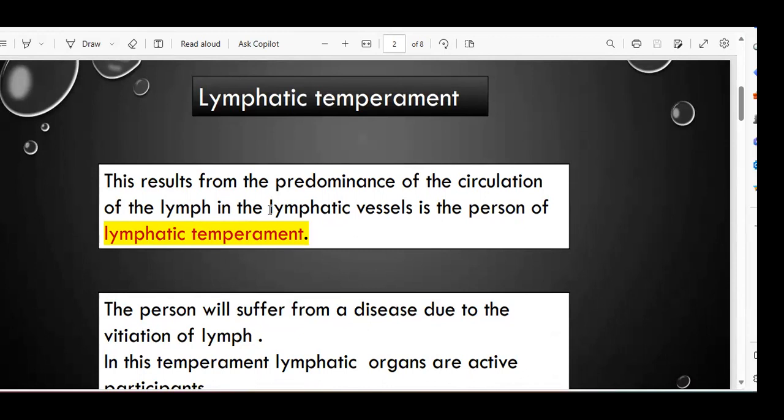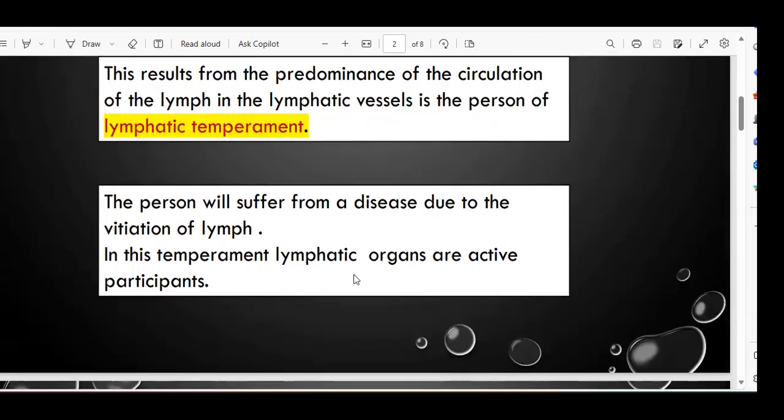It may be salivary glands, it may be the pancreas releasing insulin, it may be digestive enzymes, it may be hormones released from the endocrine glands. All will come under lymphatic temperament, lymphatic vessels, lymphatic circulation.